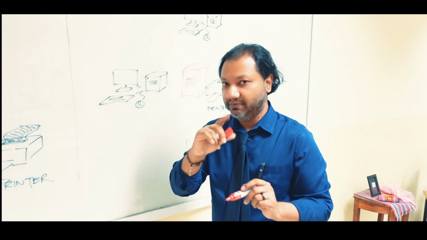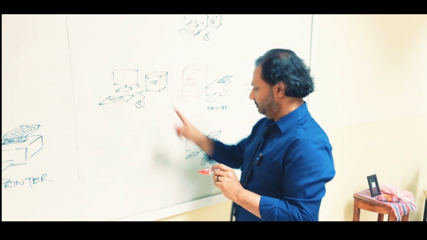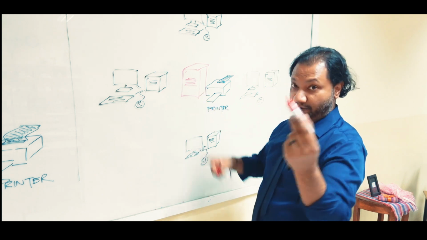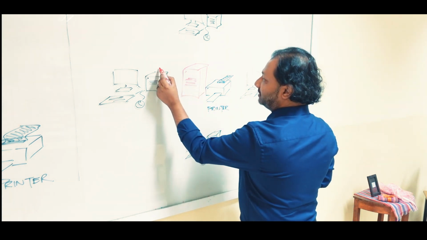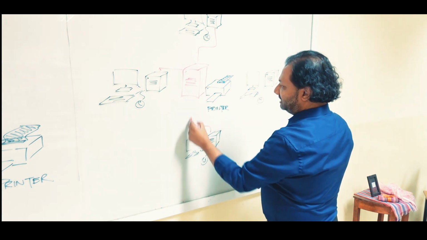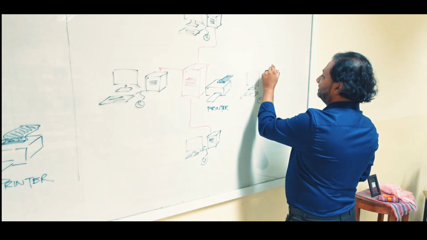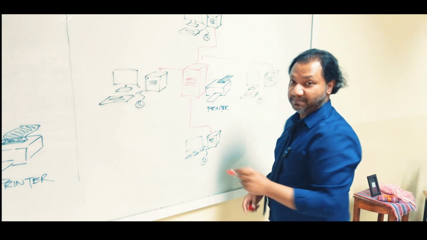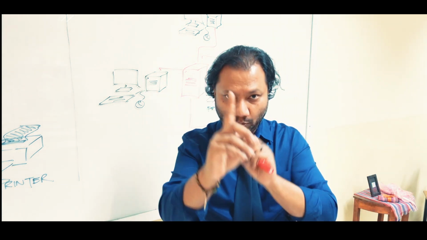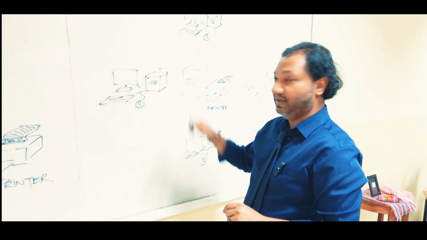So how many CPUs do we have? We have 5. So we have 1, 2, 3, 4, and I have added 1 over here in red ink. So I'm going to connect this CPU to this guy, this CPU to this guy, this CPU to this guy, and this CPU to this guy. So that means now I have all 4 CPUs connected to one new CPU that I have placed over here.